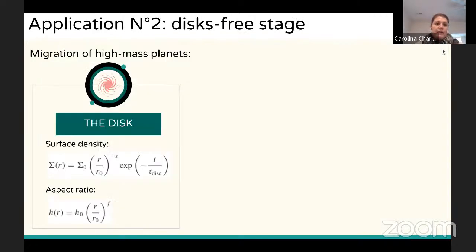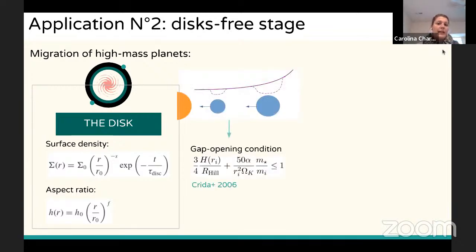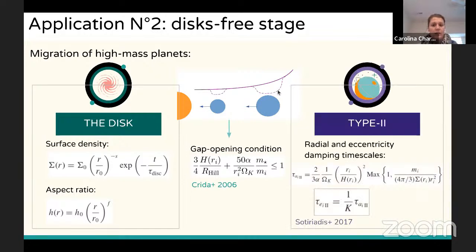And we can do the same for planets that are bigger, so high mass planets. Remember that those planets open gaps in the disk, and so they interact differently with the disk. And so we need to take into account this fact that bigger planets open bigger gaps, and there is less material to interact with. There is a formula for the damping in the semi-major axis, but not for the eccentricity.